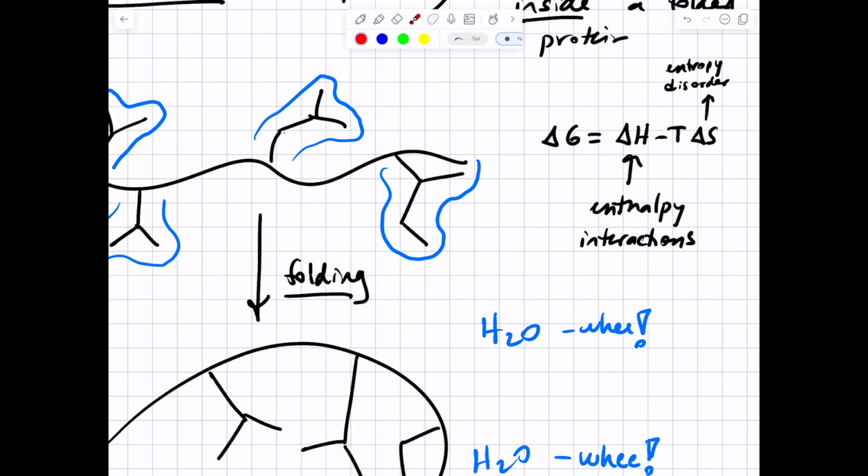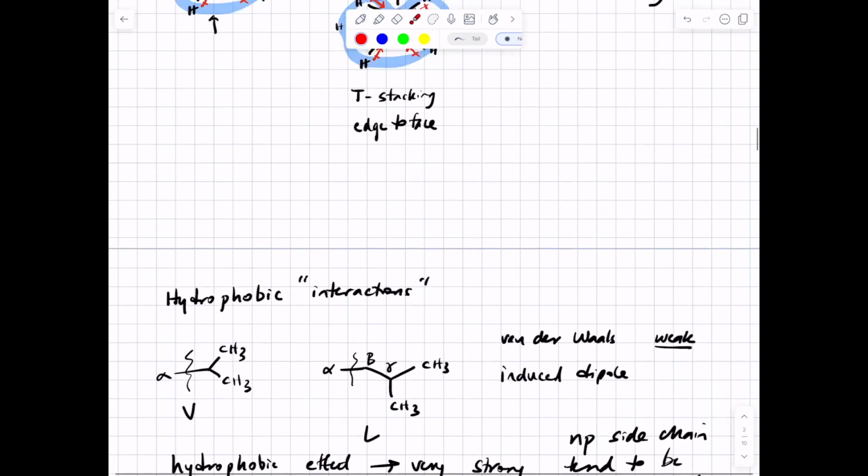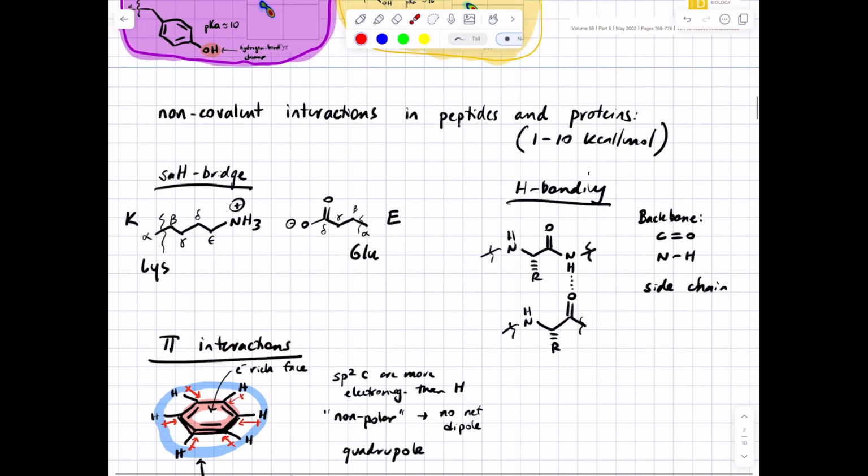How does unfolding happen? It's kind of complicated. There is a temperature dependence to the hydrophobic effect. You can also think of it as you increase temperature, you give increased kinetic energy to the individual atoms in a protein. And if you look at any of these interactions that we've talked about, if the atoms start moving faster, they're going to be able to move out beyond a point where the interaction is worth anything.